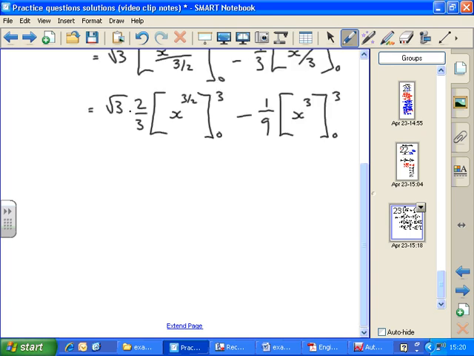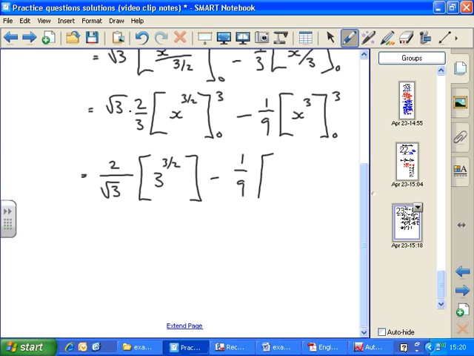Obviously when we put the limits in, the 0 is going to give us 0 in both cases, and for 3, root 3 times root 3 means this actually becomes 2 over root 3. Putting the limits in, it'll be 3 to the 3 over 2 minus 0, minus 1 over 9 times 3 cubed minus 0. And there you calculate, finish that off, you should get the answer.